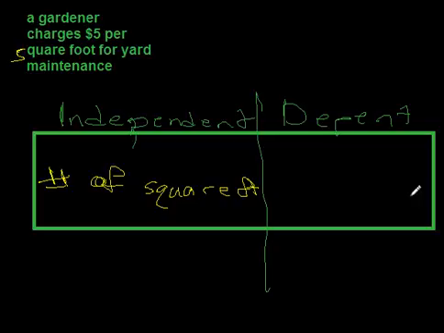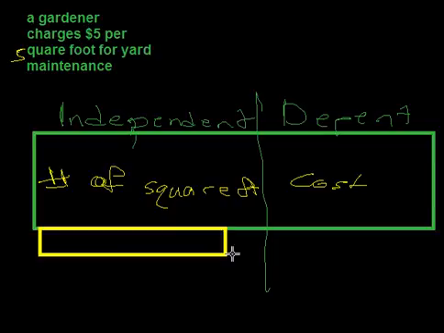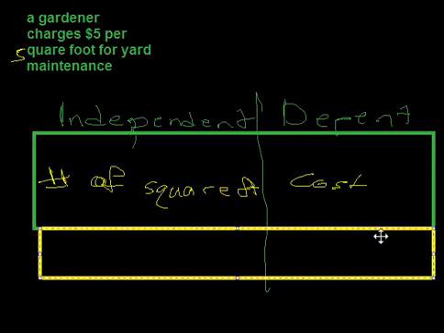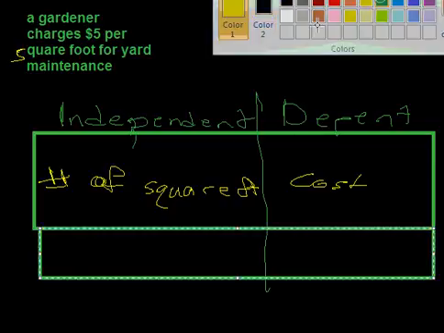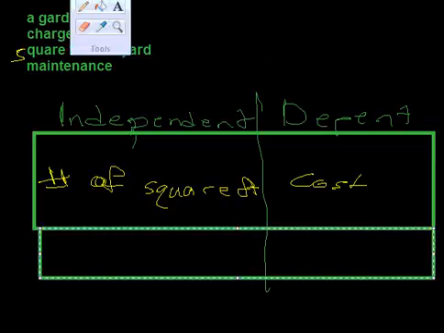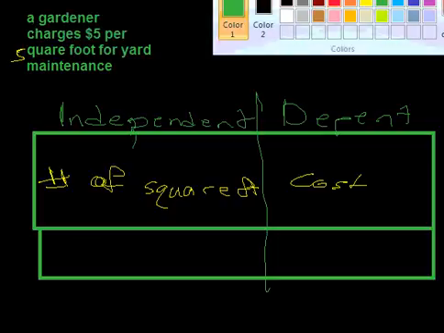Thank you. So the dependent variable, guys, we're going to call this the cost of yard maintenance. We'll just call this the cost. So now how can we write a function from this? Well, let's see. I'm going to create an extra little box here. So my function, I'm going to say f of x first.